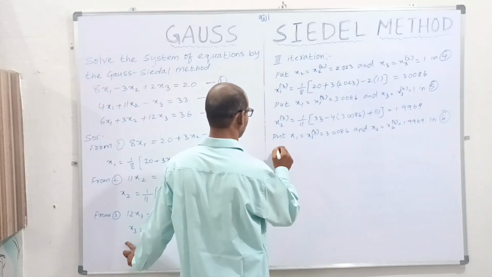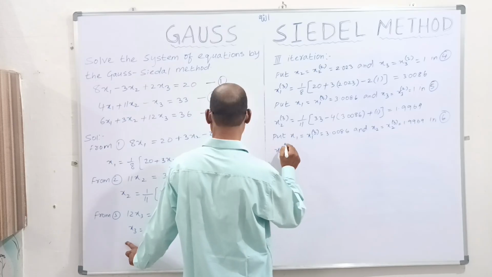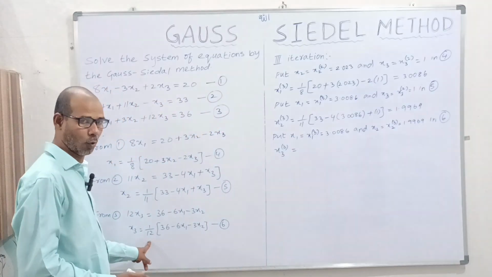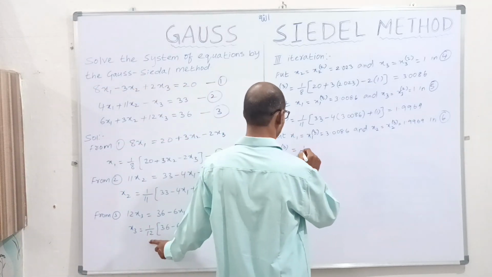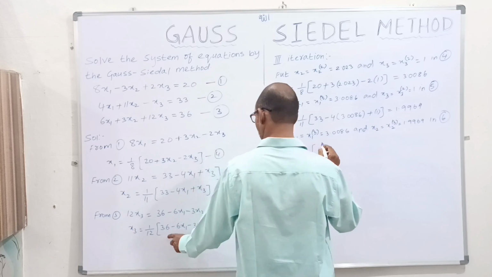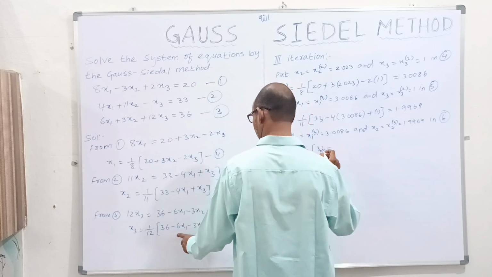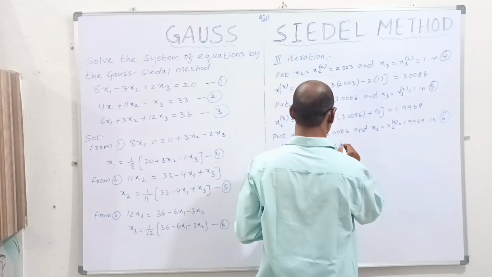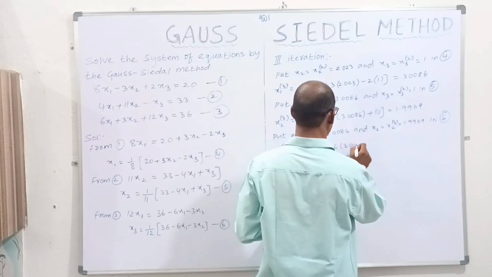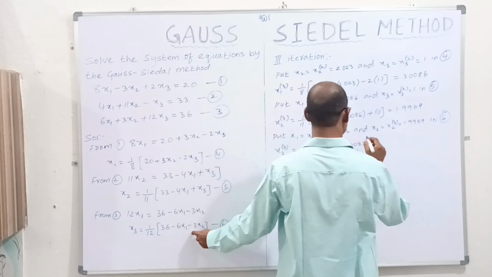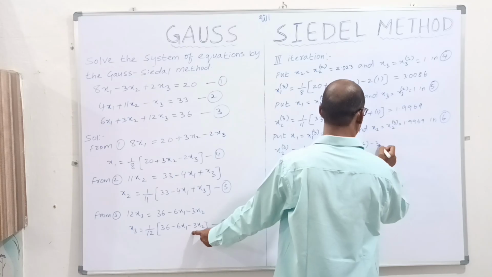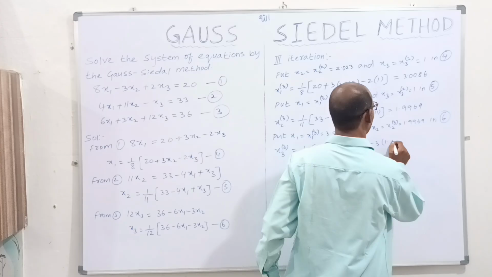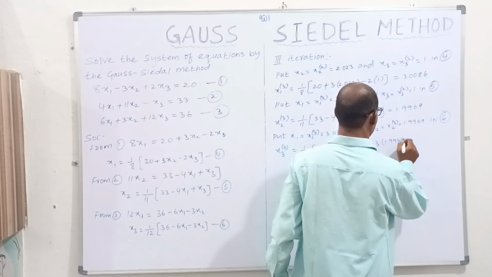So x3 is equal to 1 by 12 times (36 minus 6 into x1, where instead of x1 we will be using 3.0086, minus 3 into x2, where instead of x2 we will be using 1.9969).